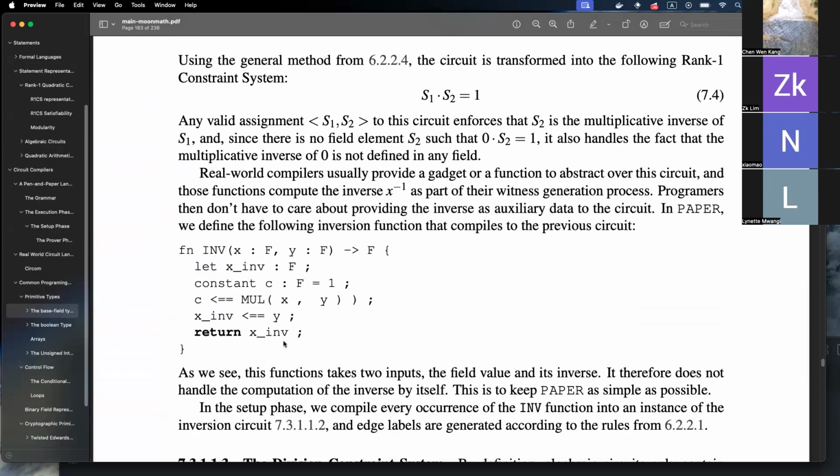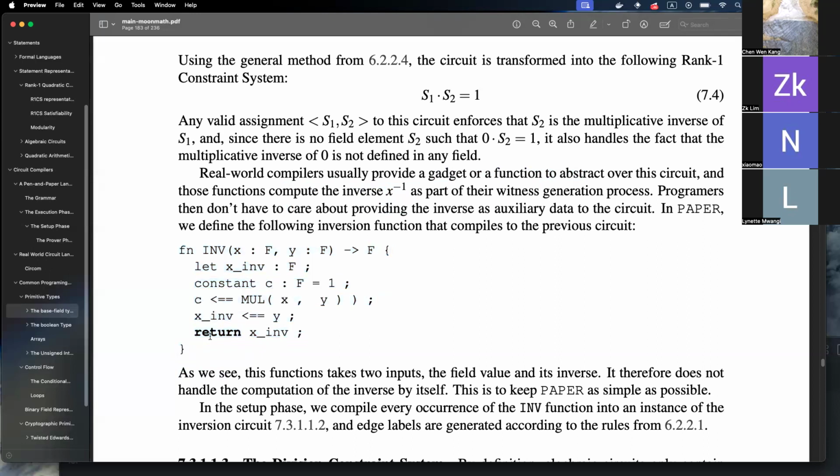But because you can't do inverse in the language, you do something else instead. Real-world compilers do have a way of doing inverse. I don't think Circom has, but the more modern ones you can very easily do things like this. But you don't really use inverse that much, I don't think. I might be wrong.